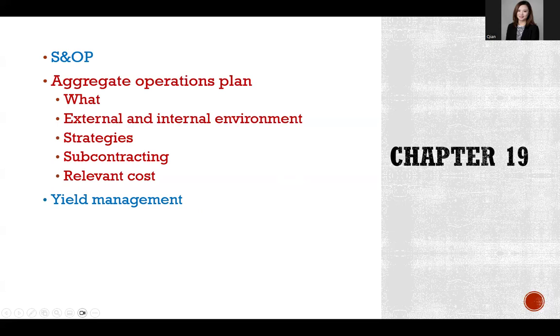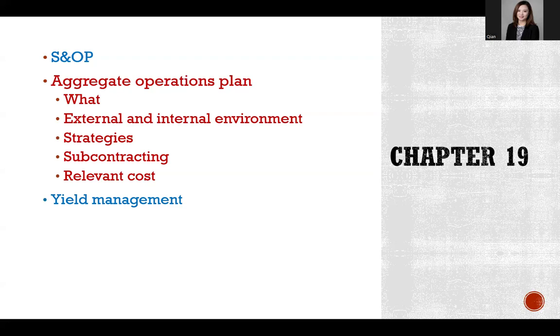And for chapter 19, we discussed aggregate planning, and sales and operations planning. All the titles are marked as red, which means you will probably meet more than one question related to that. So please check what the aggregate operations plan means.